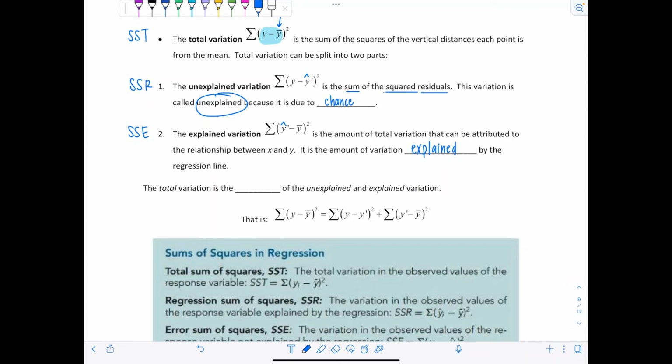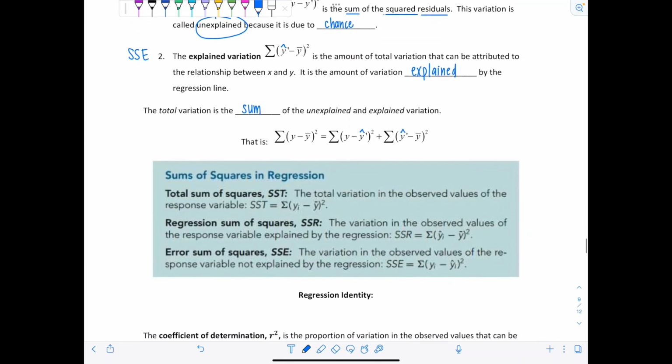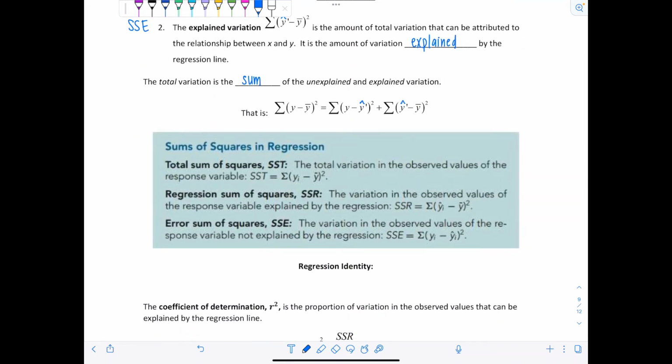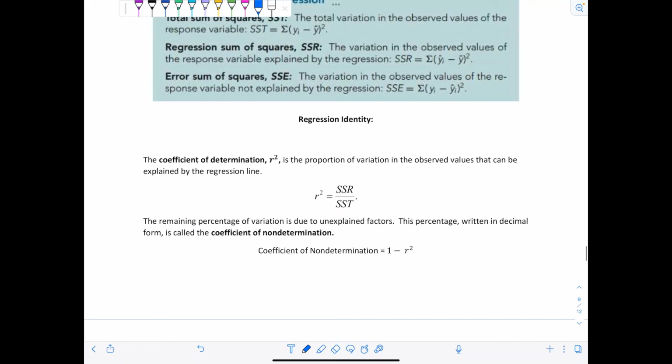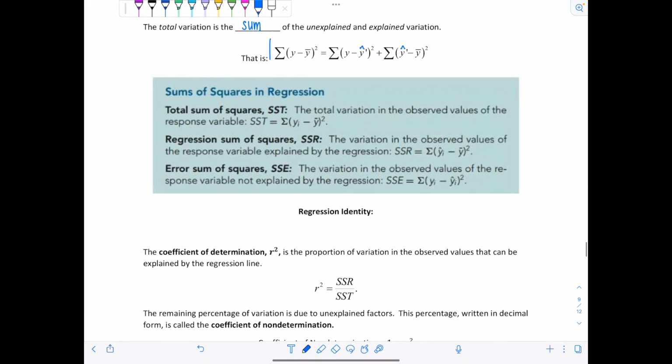So the total variation, SST, is the sum of unexplained and explained variation. So you could switch these little guys to hats. Okay, and then here's the terminology per your textbook, okay? And now let's get into the regression identity, which we had basically up here. It's just instead of using sigma notation, now we're going to use the abbreviations.